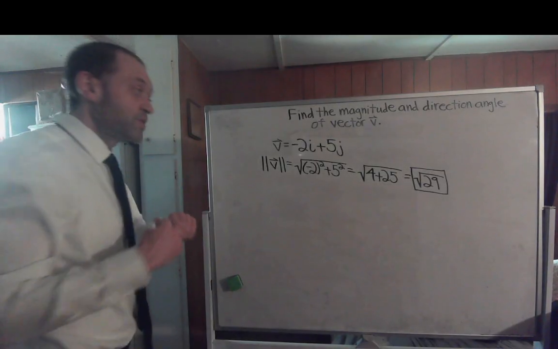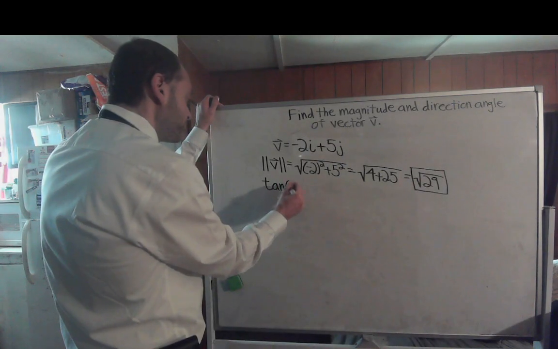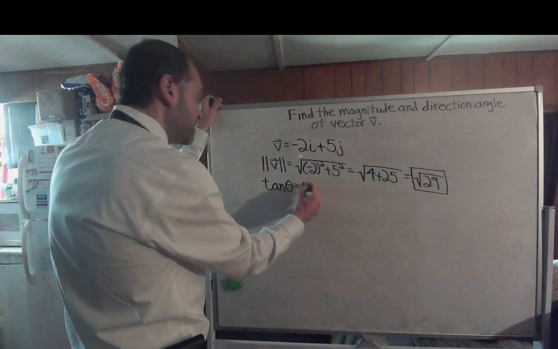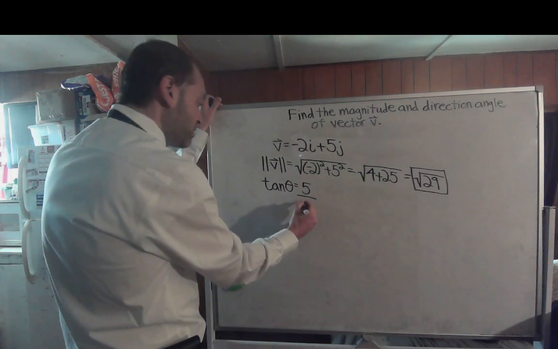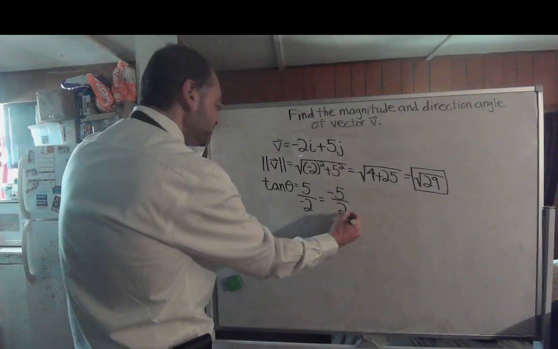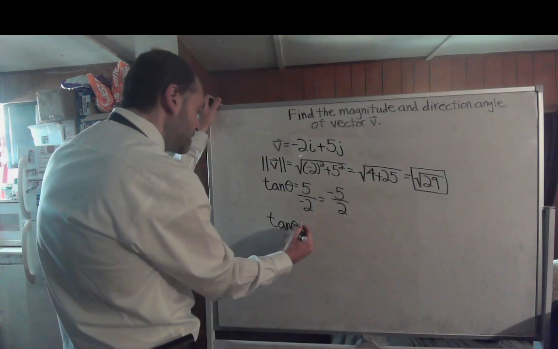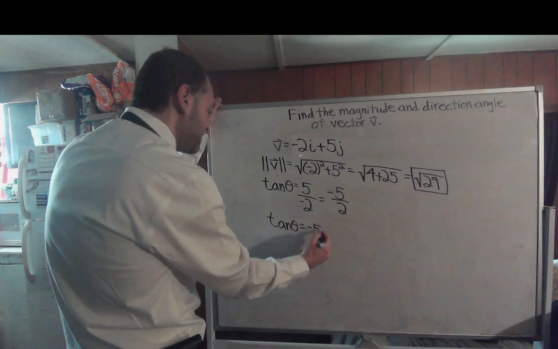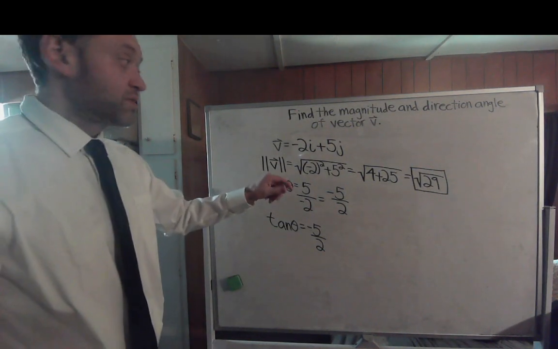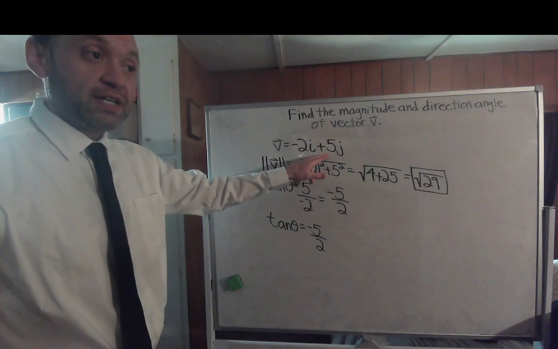Now let's find the direction angle. So you'll take the tangent of theta is equal to that y component of 5 divided by the x component, which is negative 2, which would give you negative 5 halves. So the tangent of theta equals negative 5 halves. Now let's look at the original vector. The x component is negative, but the y component is positive.